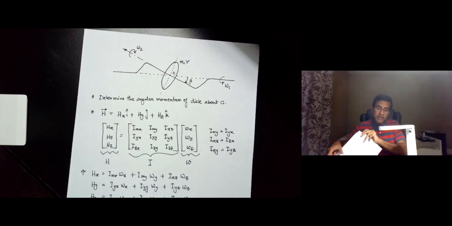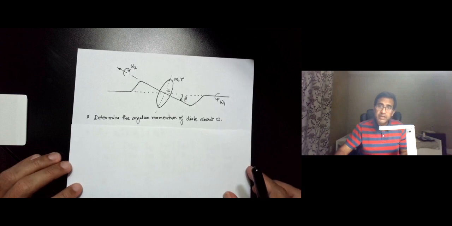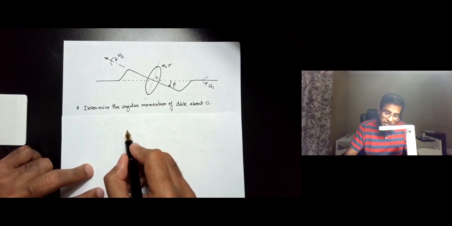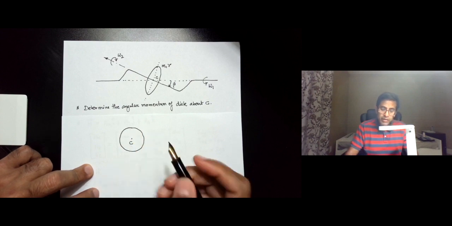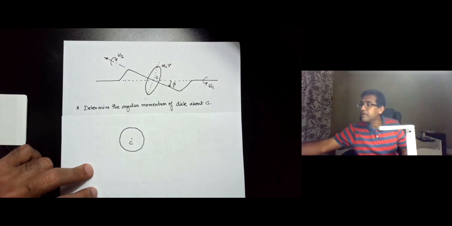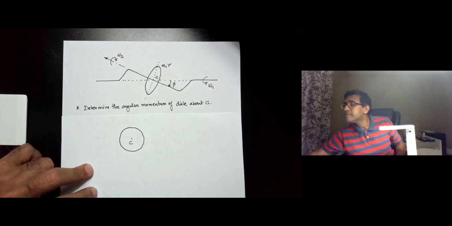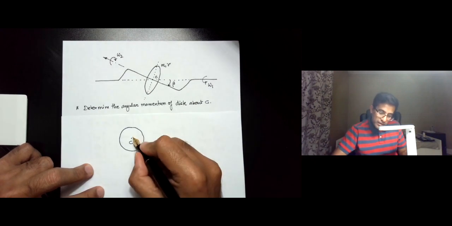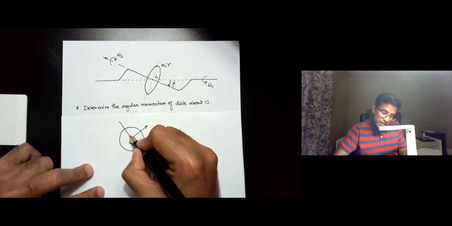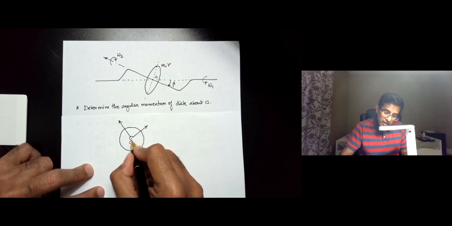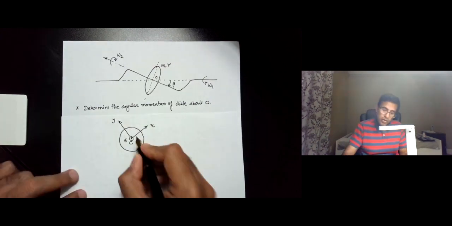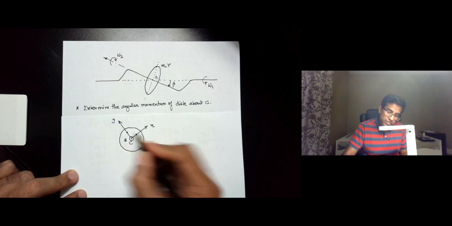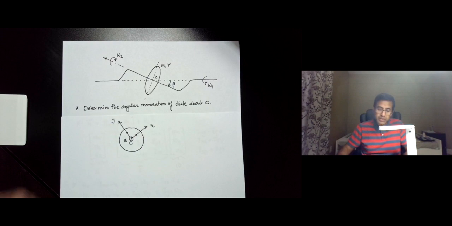In this case, basically what we want to do is, if you take a front view of this disk where it looks just like a circle, we want to have the x, y, z fixed to this disk, and so it turns with the disk.